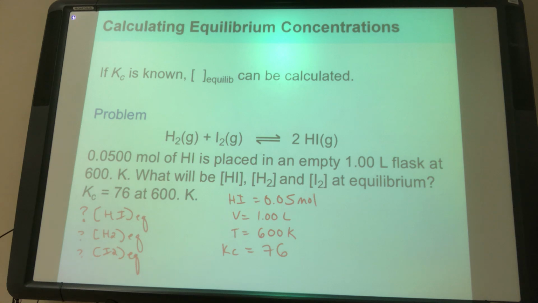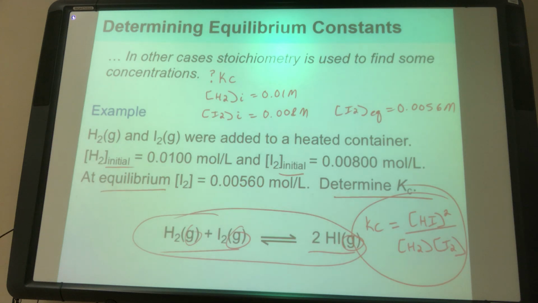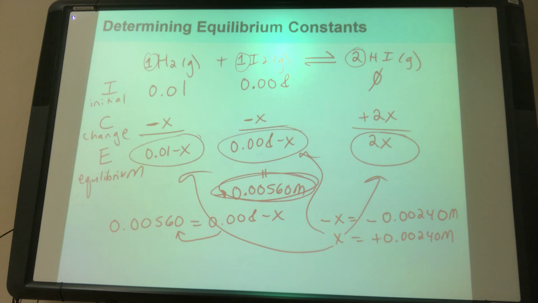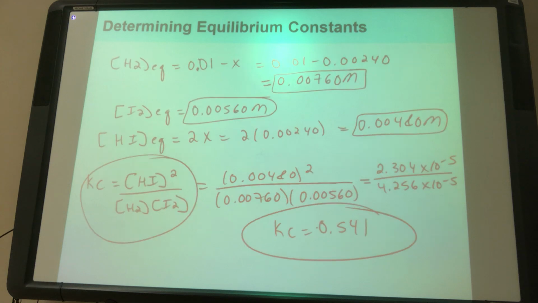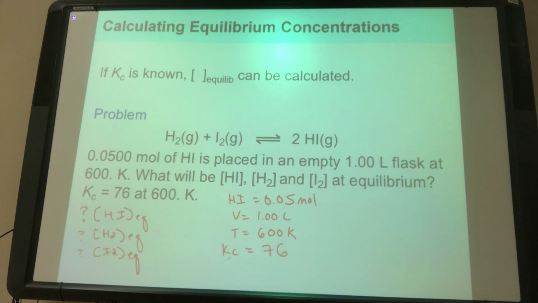We'll still have X, but instead of using one of the given equilibrium concentrations, like in the last problem, to solve for X, this time we're gonna end up using Kc, okay? So, when in doubt, honestly, in these problems in the back part of this chapter, use an ICE table, okay?